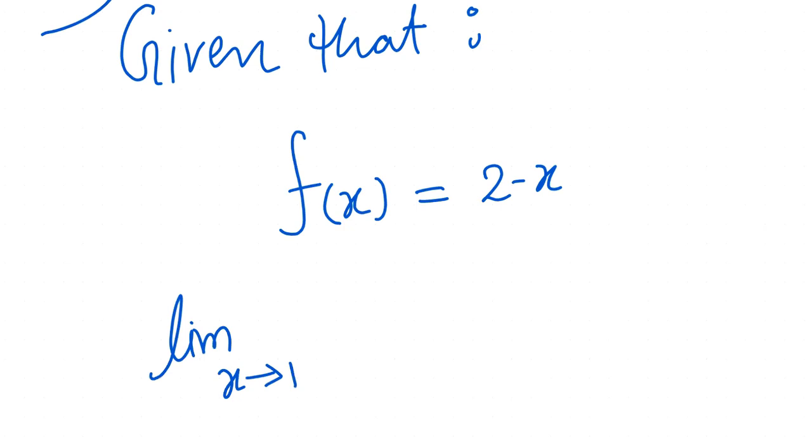Because it is greater than 1, and the limit of this function lies between 1 and 2 here. So let us take 1. And for the other, we will take 2 as well.